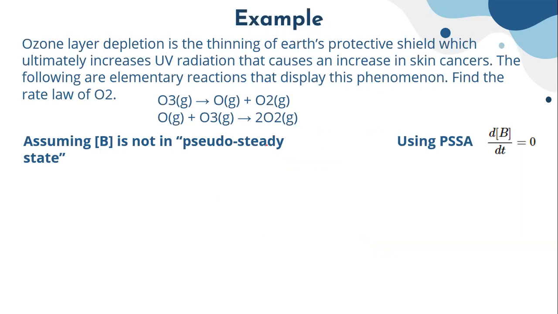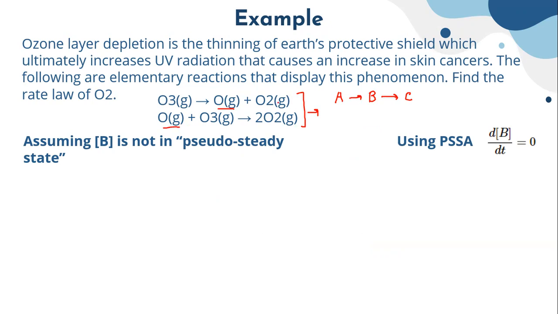So first, let's write this out in a way that is familiar to us, which is A goes to B, the intermediate, and finally C. So we see that there's an O here and an O here.